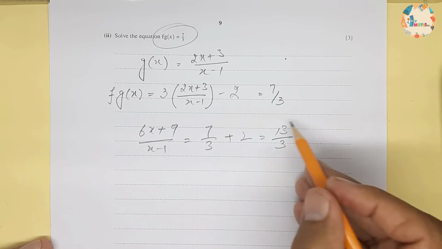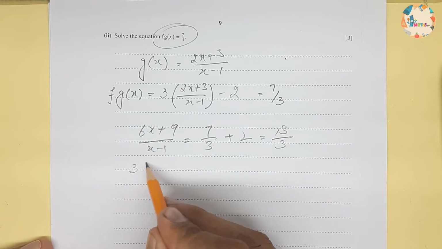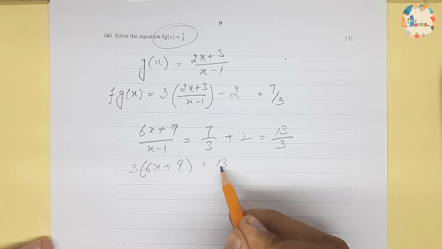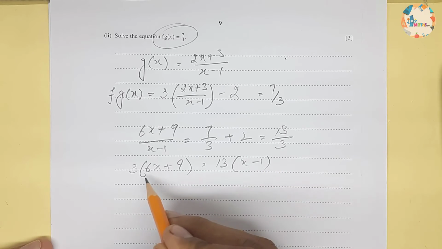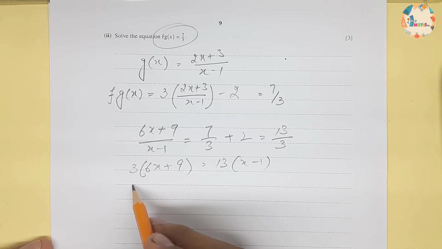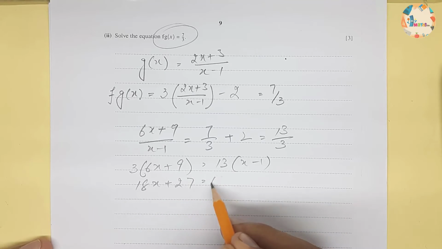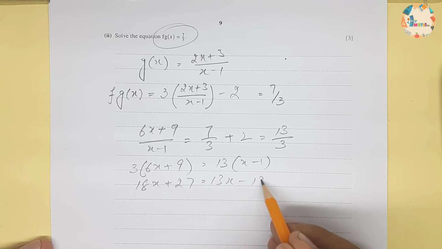Now this one and this one we can cross multiply, so this will be 3 into 6x plus 9 is equal to 13 into x minus 1, and if we open brackets, it will be 18x plus 27 is equal to 13x minus 13.